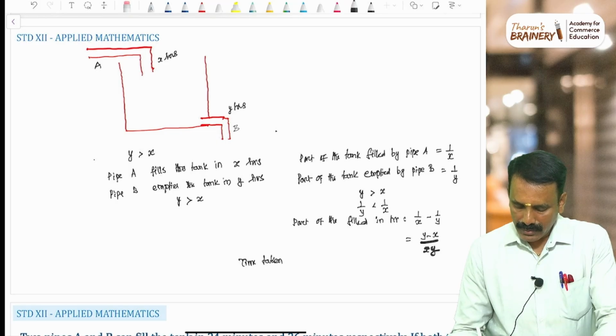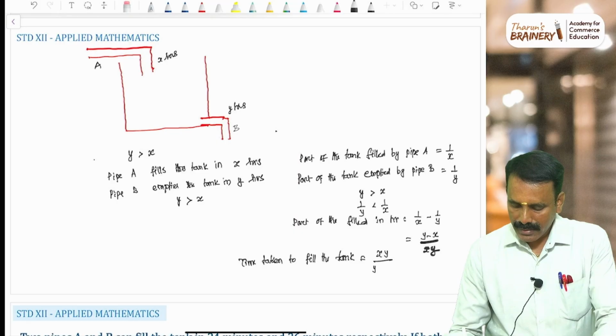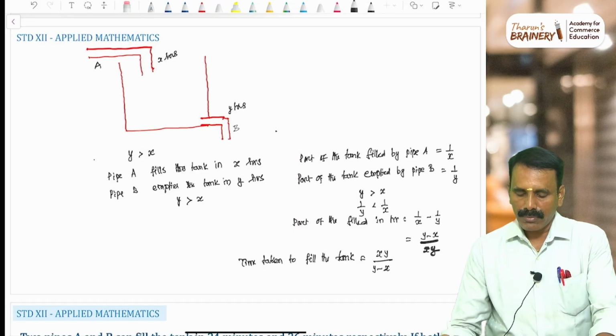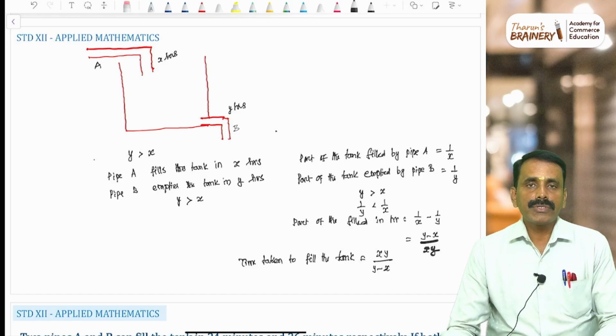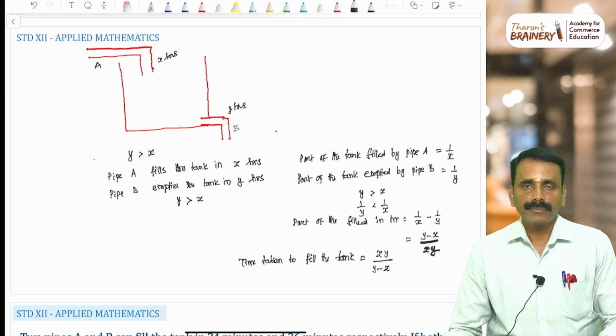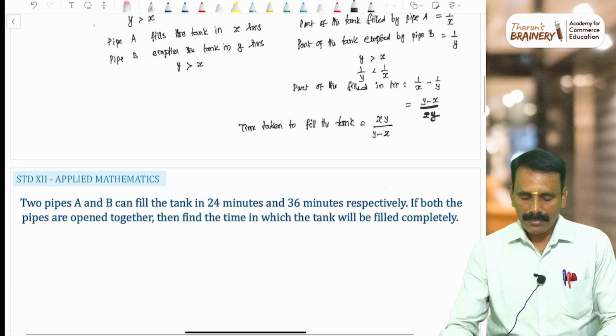So time taken to fill the tank will be equal to XY divided by Y minus X. We have to take the reciprocal. And in this session, we are going to see problems of this type only. With this, we go into the first problem.